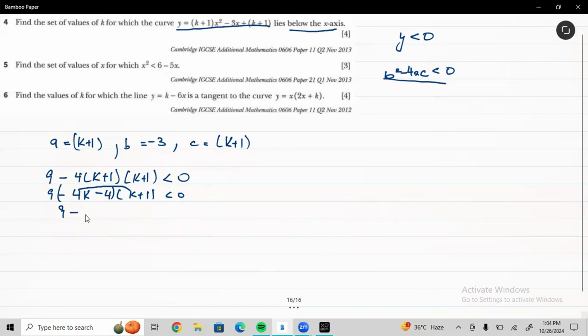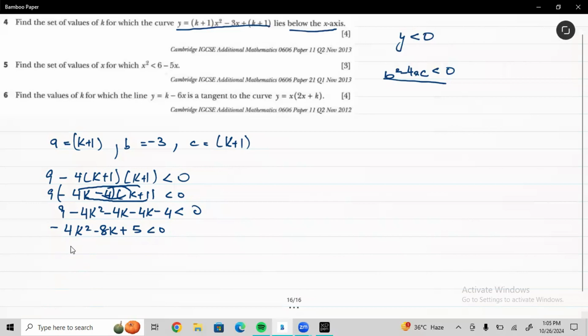So negative 4 multiplied by k, so negative 4k squared. Outer, minus 4k, inner, minus 4k, and last, which is going to be negative 4. And this whole is going to be lesser than 0. So we are going to get negative 4k squared minus 8k. 9 minus 4 is going to be positive 5, and this whole is lesser than 0.